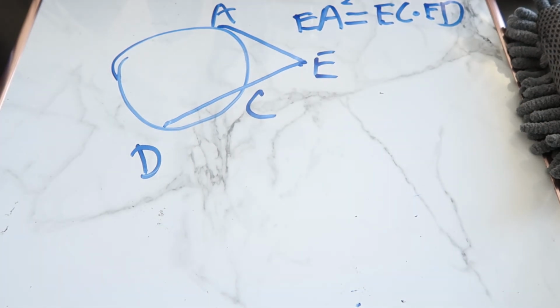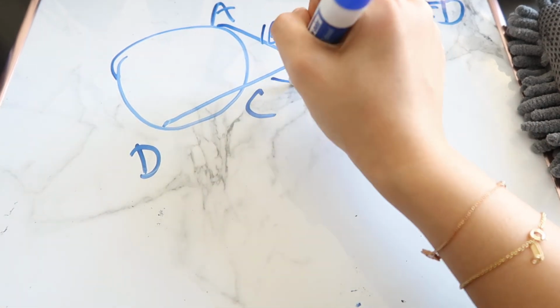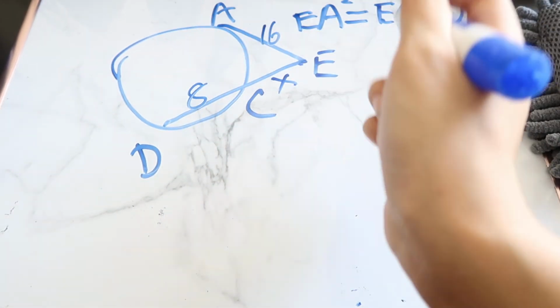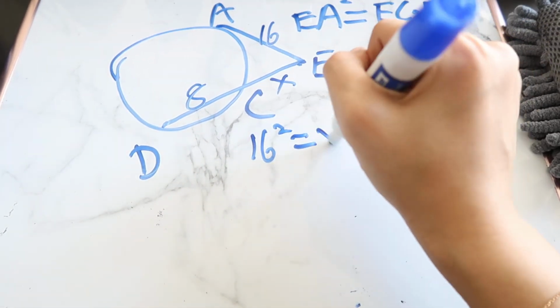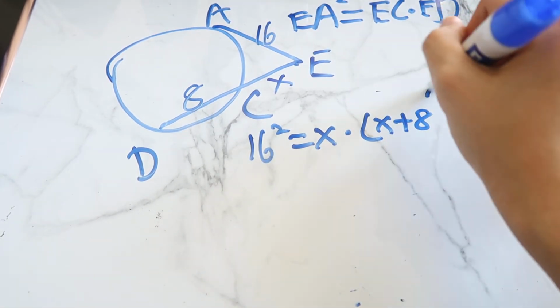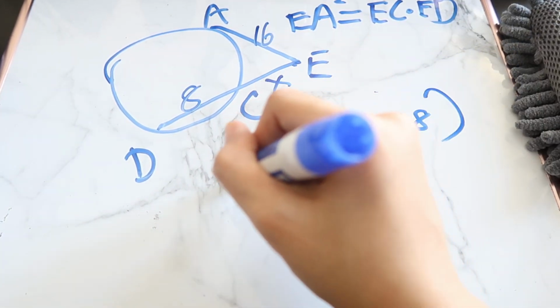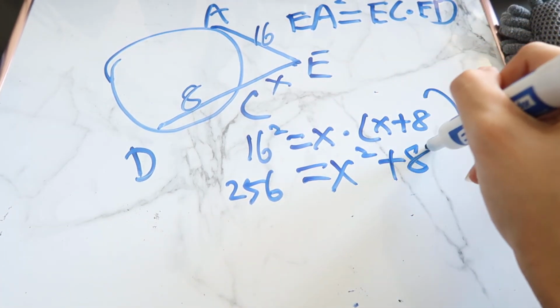And let's see, we have, this is 16, this is X, this is 8. So to solve this, it will be 16 squared equals to, the bottom is X times parenthesis X plus 8, because that's the whole thing. So 16 squared is 256 equals X squared plus 8X.